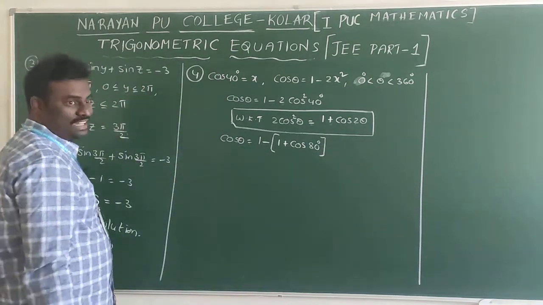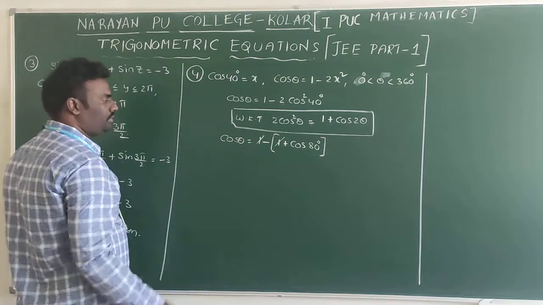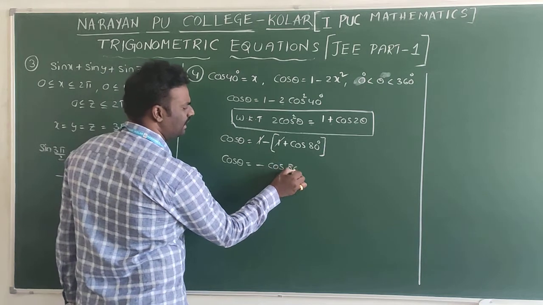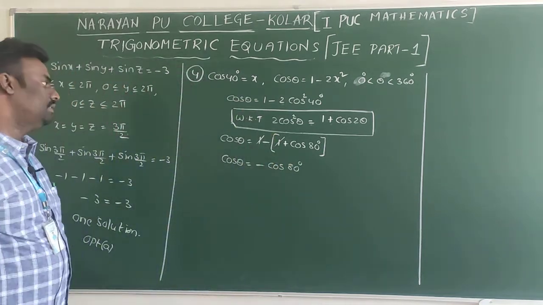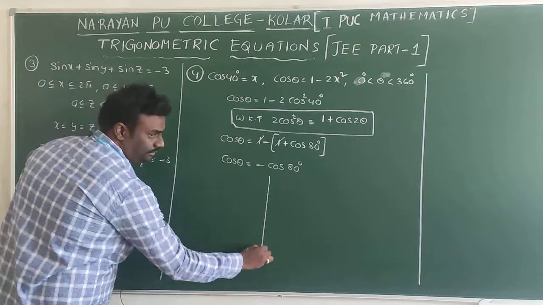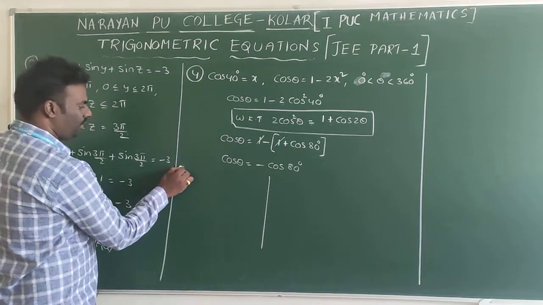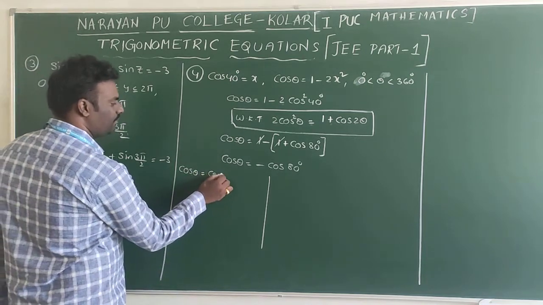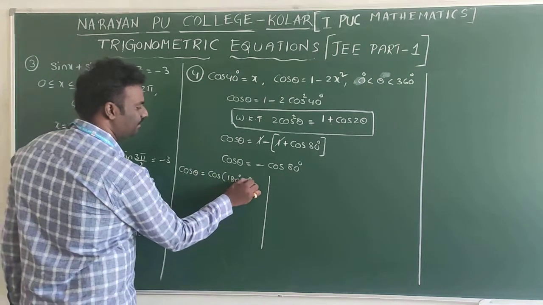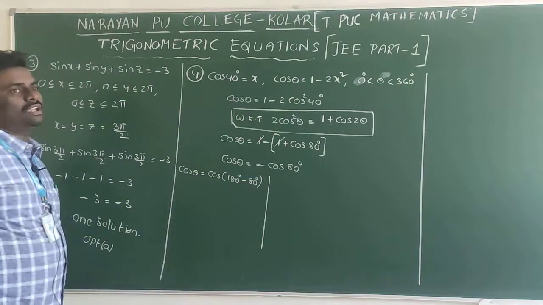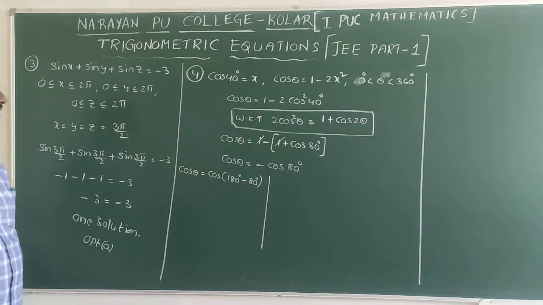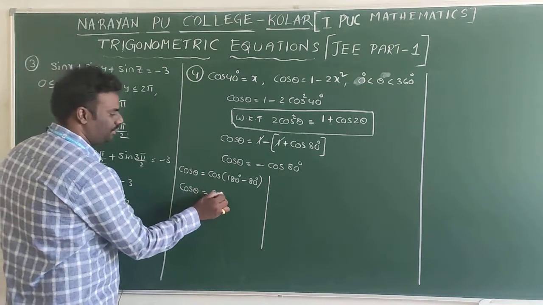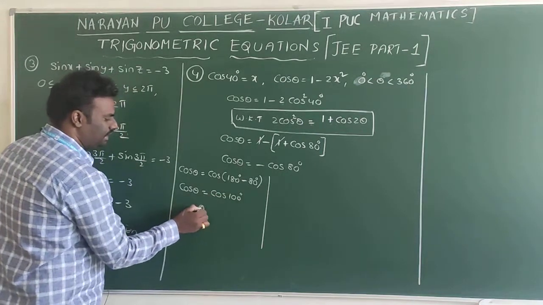Now here 1 and 1 gets cancelled. Now cos theta is equal to minus cos 80 degrees. This minus cos 80 I can write as cos theta is equal to cos 180 minus 80. Why? Because 180 minus means second quadrant, cos is negative. That is nothing but cos theta is equal to cos 100 and theta is 100 degrees.